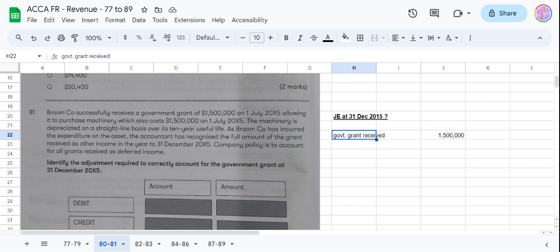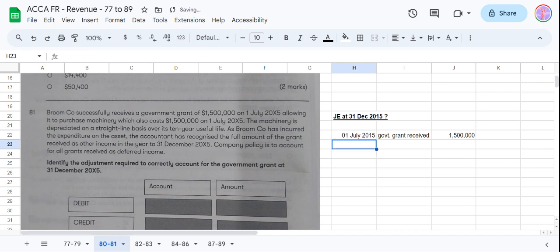They received this on 1st July 2015. The machinery is depreciated on a straight line basis over its 10-year useful life. As Broom Company has incurred the expenditure on the asset, the accountant has recognized the full amount of the grant received as other income in the year ended 31st December 15.